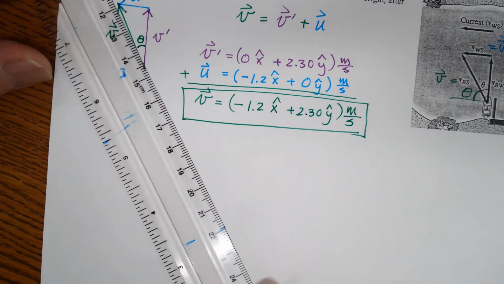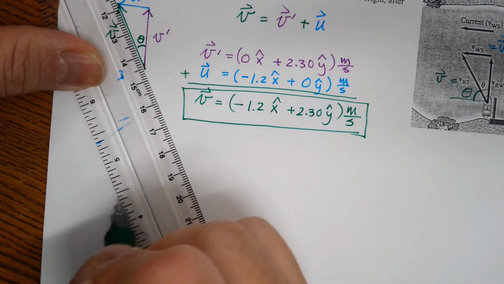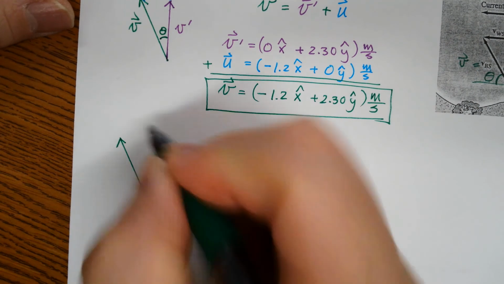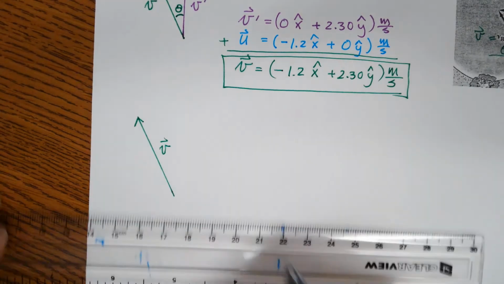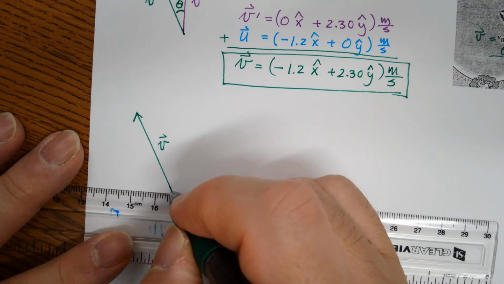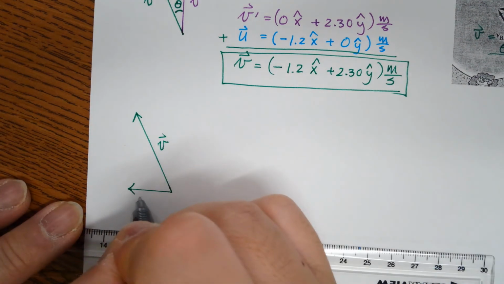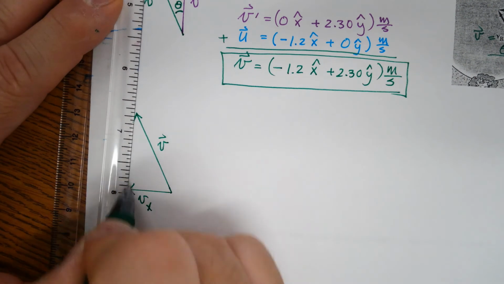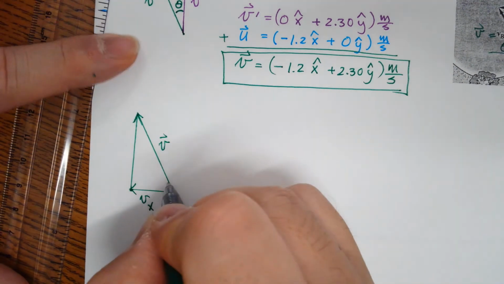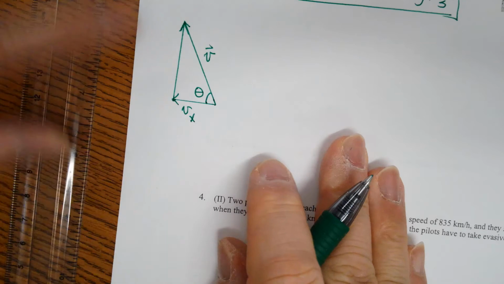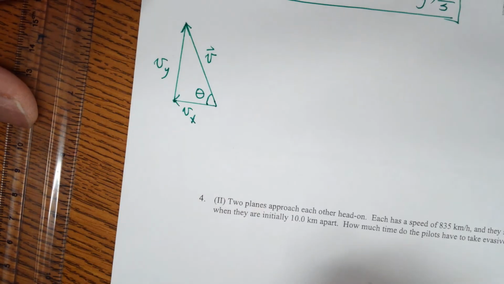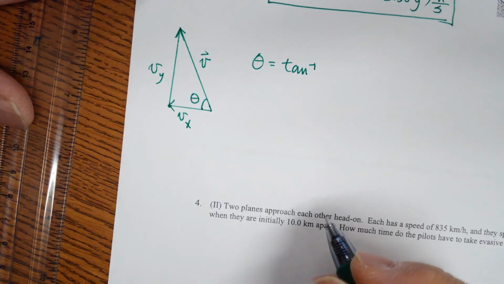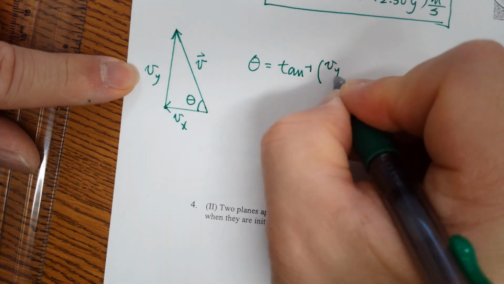That means if I were to redraw this, of course I'm doing this a little bit bigger. So here's my V, and here's my Vx, and here's my Vy. And since they want us to find the angle with respect to the shore, this is the theta that we're looking for, right? So theta is equal to tan inverse of Vy over Vx.